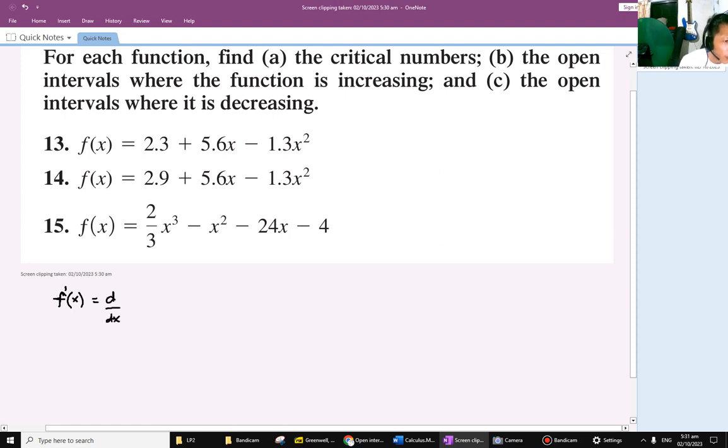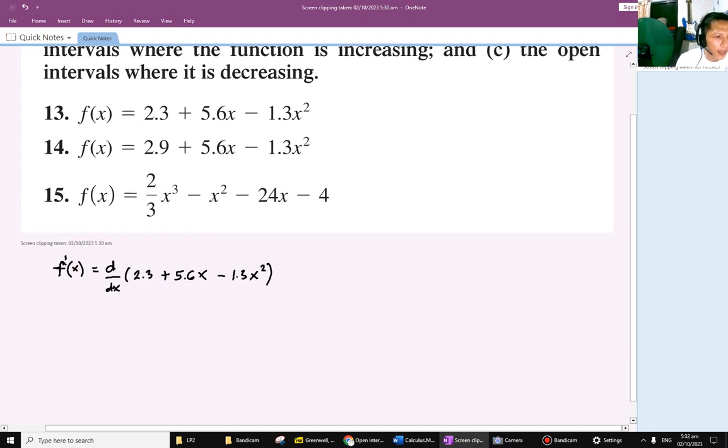Derivative with respect to x, because my x is the independent variable. So that would be 2.3 plus 5.6x minus 1.3x squared. So you just copy it and put this derivative sign. That's all for the first line.